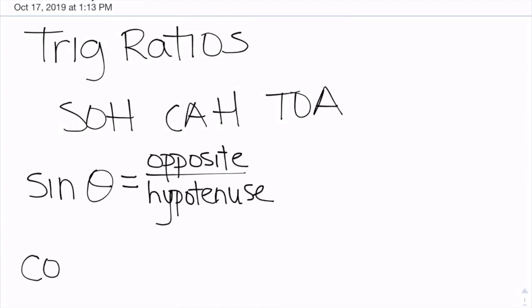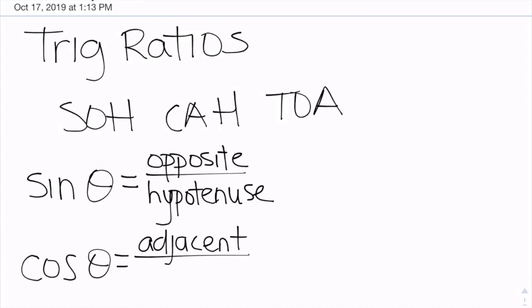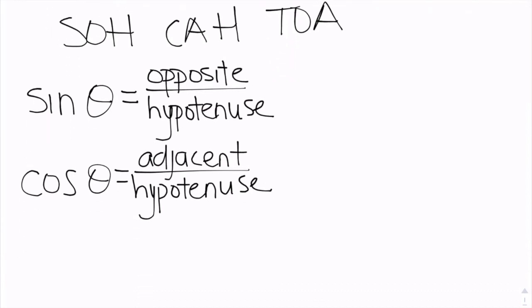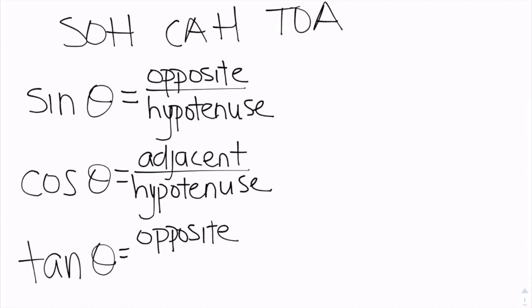And then if we have cosine of theta, that's going to be equal to adjacent over hypotenuse. And then if we have tangent of theta, that's going to be equal to opposite over adjacent.